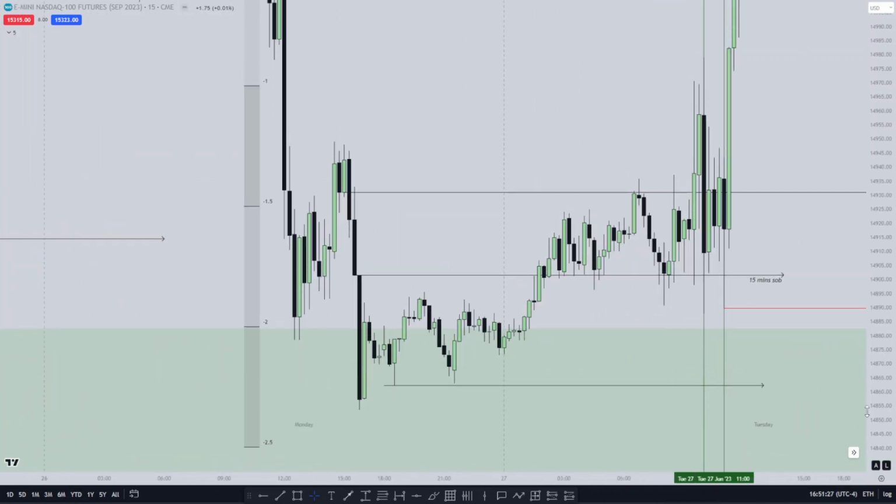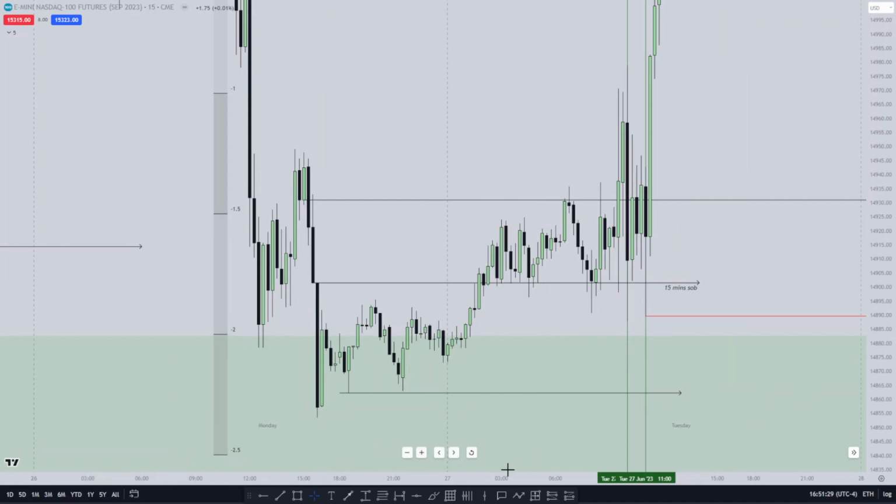Now, how do we want to enter off this? There are 2 ways to enter. Should I call it 2?